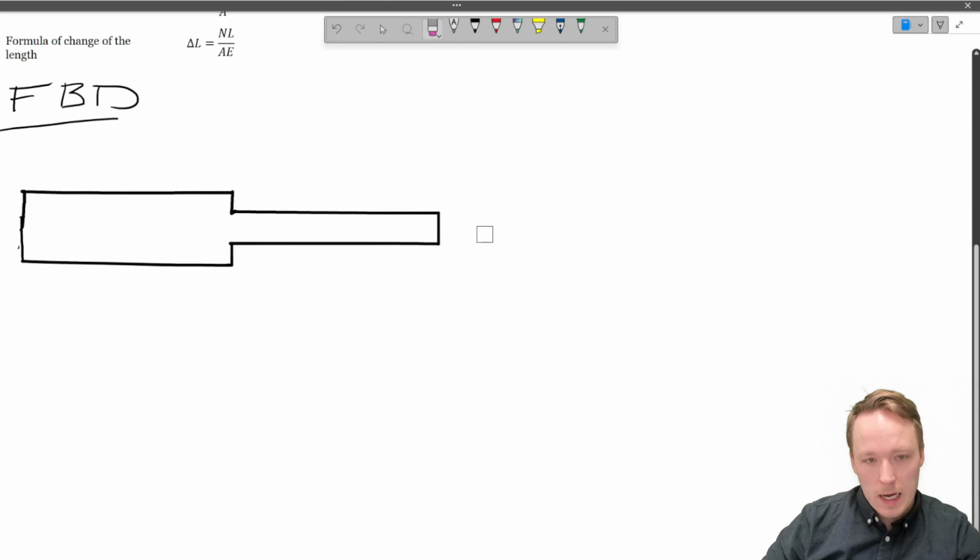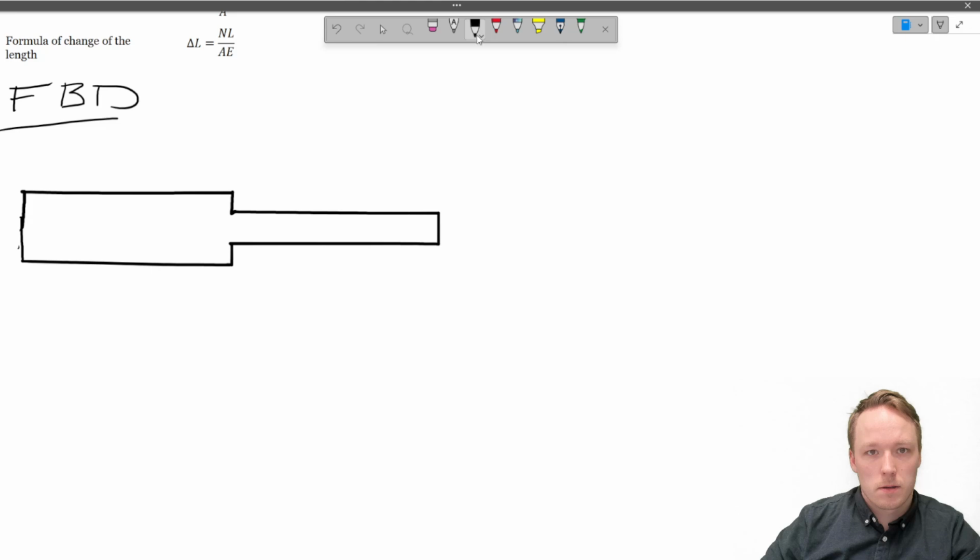So now we have forces in here. We have a force in here. Let's change the color of the pen to red. So we have here a force pulling this way.